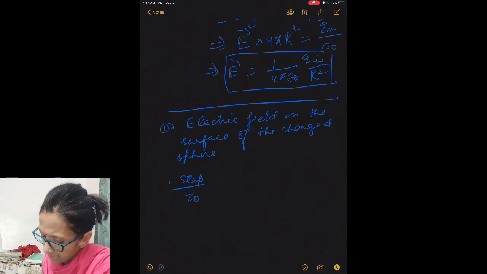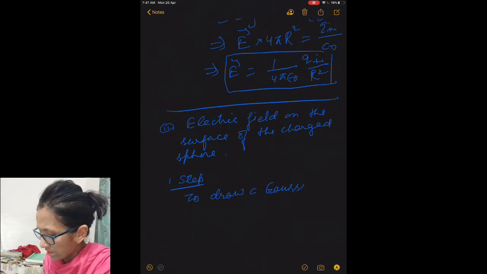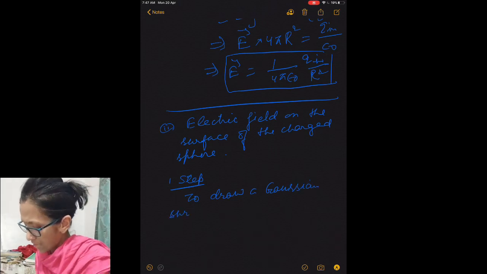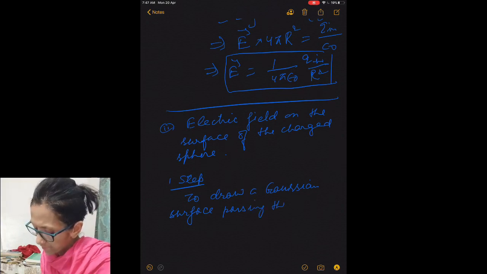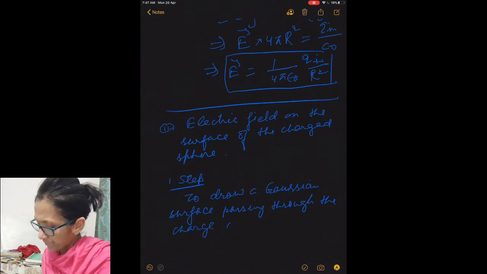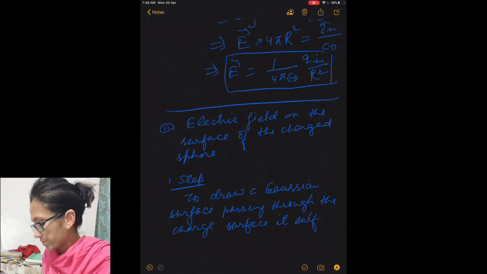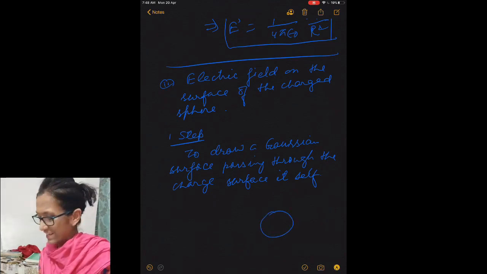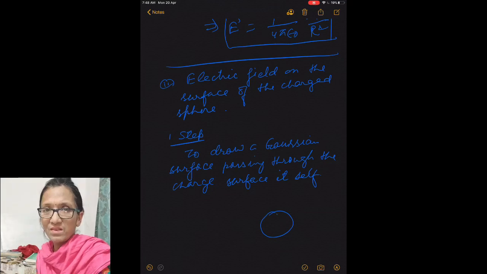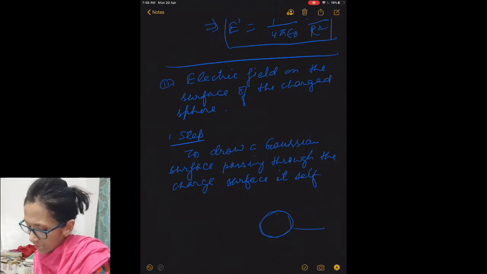First step, draw a Gaussian surface passing through the charged surface itself. So we take the charged surface and we draw the Gaussian surface through this surface only.